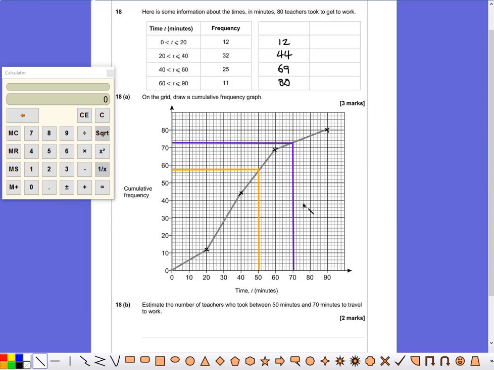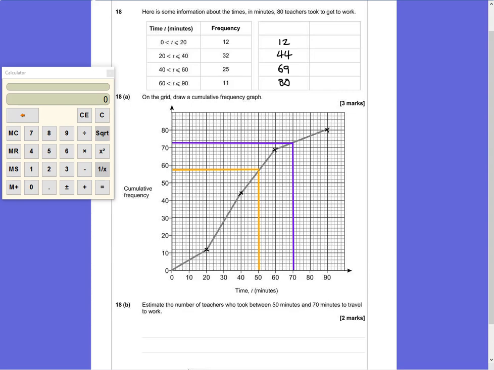Now this will give us 2 values that we can then use to try and estimate how many people lie between these 2 values. At 70, according to my graph, that's approximately 72 people. For 50 minutes, which is the orange line, we're approximately at 58.